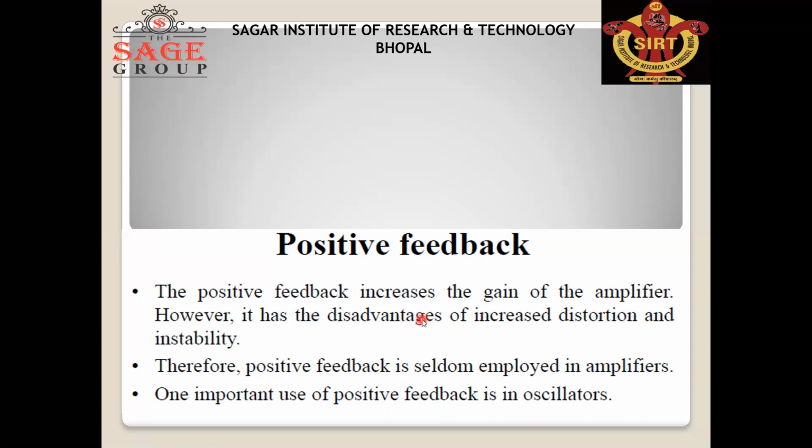Although this is an advantage, we cannot use positive feedback in amplifiers because positive feedback also increases the distortion or instability. Distortion means noise. It also increases the noise of the system. For example, we know that amplifiers are used in communications.